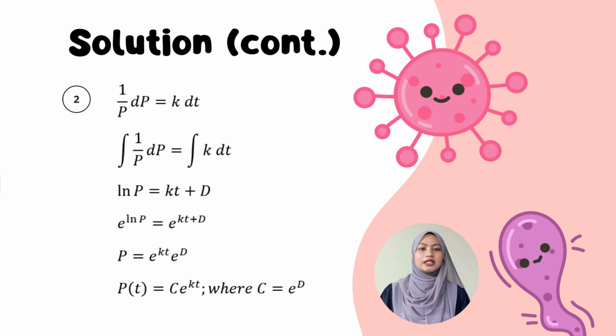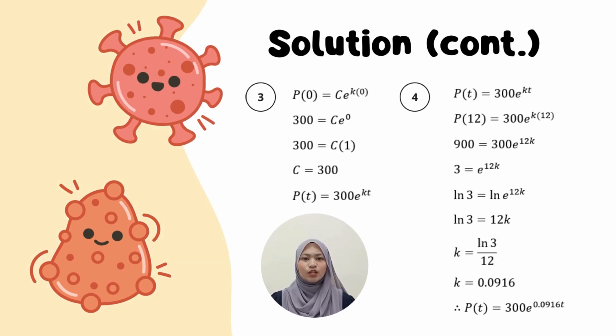After we cancel the exponential and ln, the equation will be P equals e to the power of kt times e to the power of d. The last equation will be P(t) equals C e to the power of kt, where C equals e to the power of d.